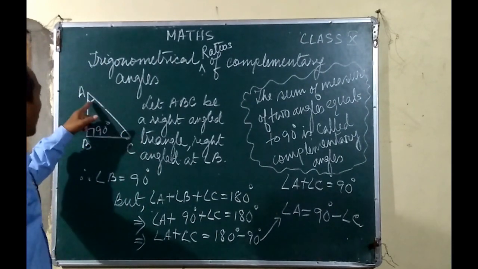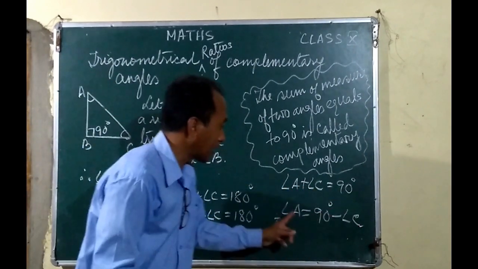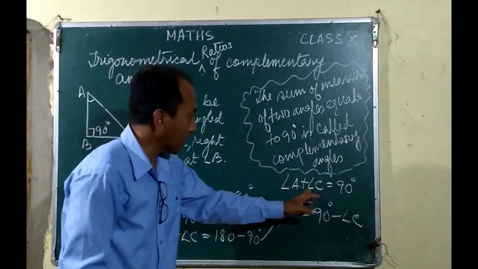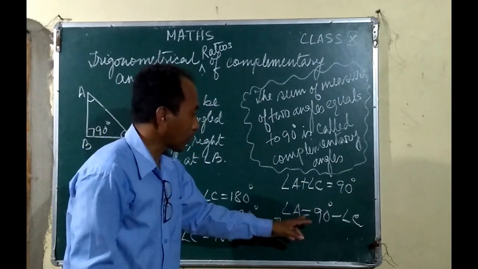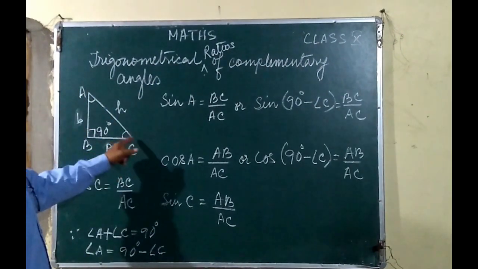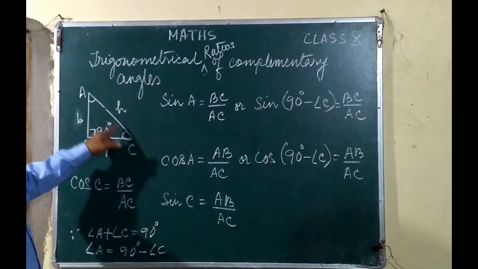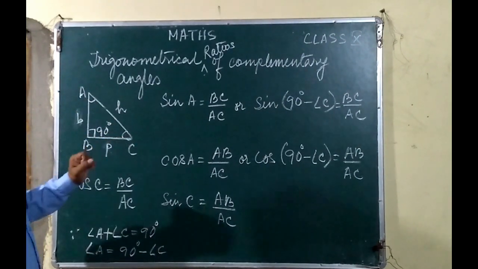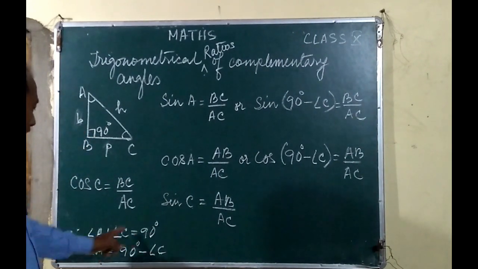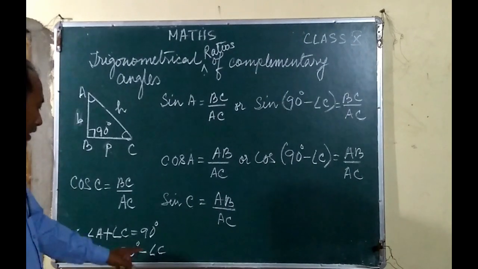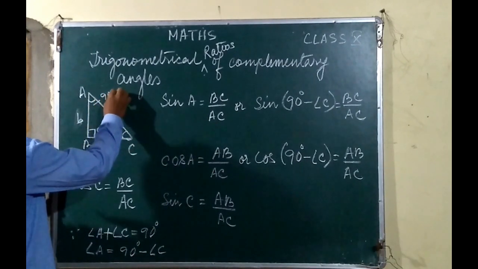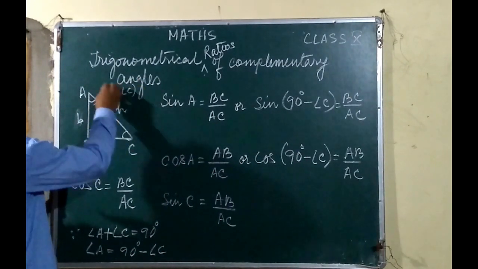Now if we take angle C to the other side, angle A equals 90 degrees minus angle C. That means in place of angle A, we can write 90 degrees minus angle C.